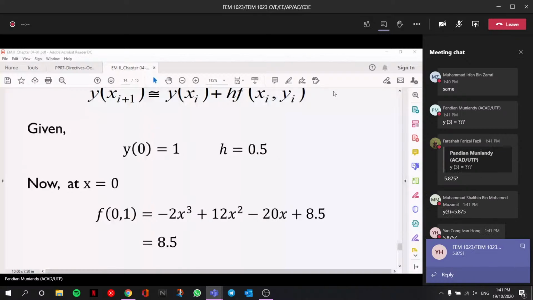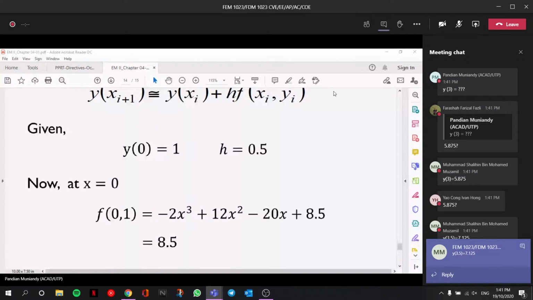Okay, y3, 5.875. So this is equivalent to y1. Y2.5, 4.75.